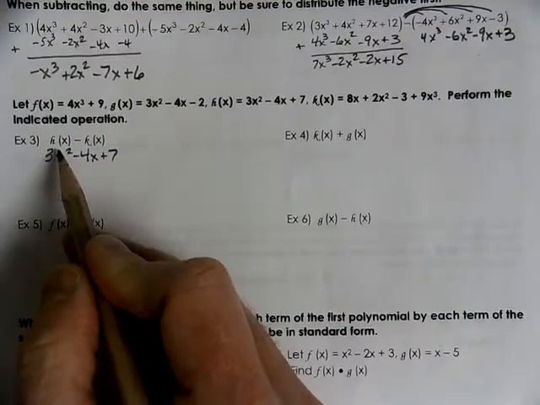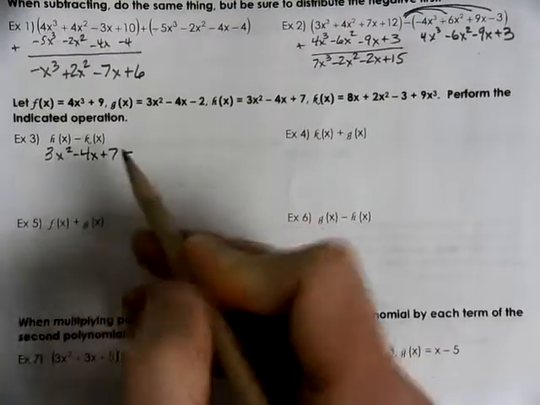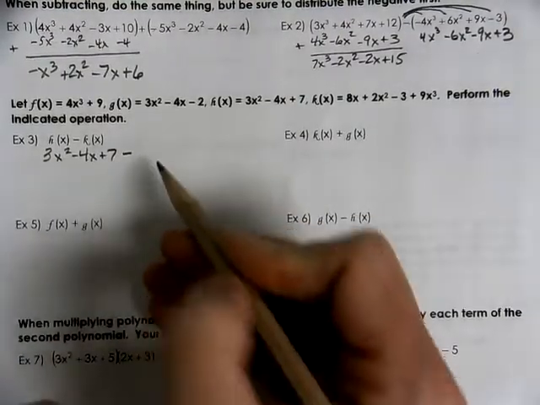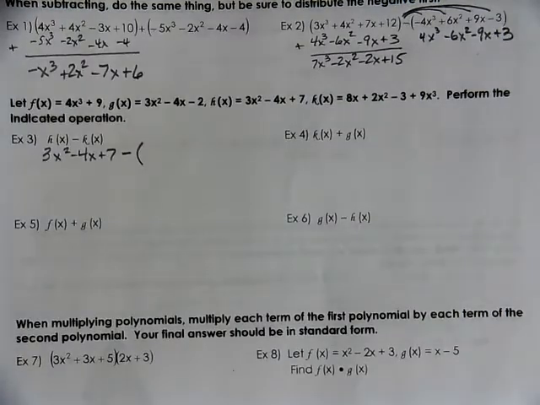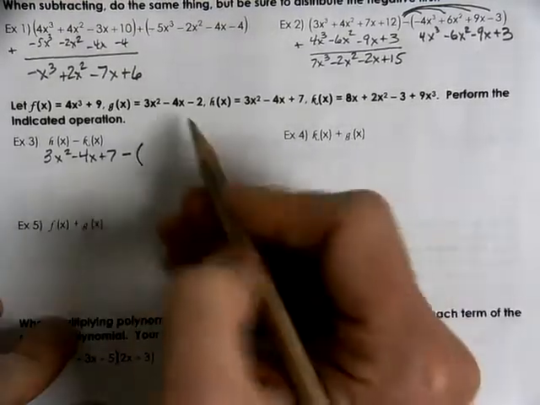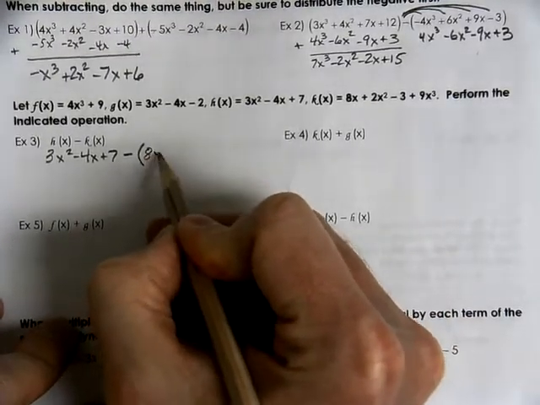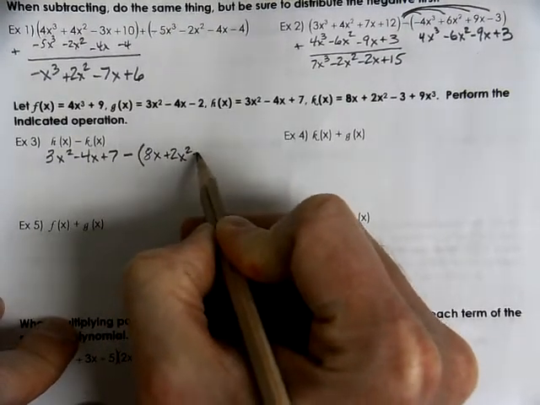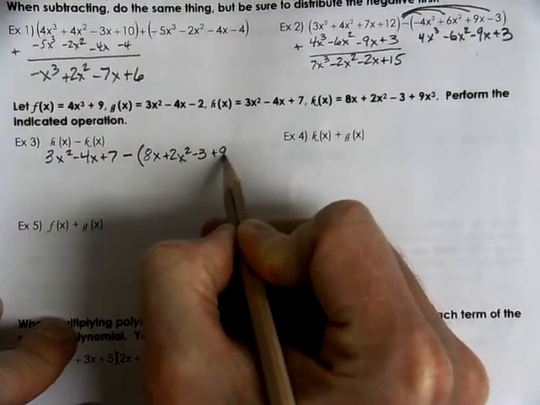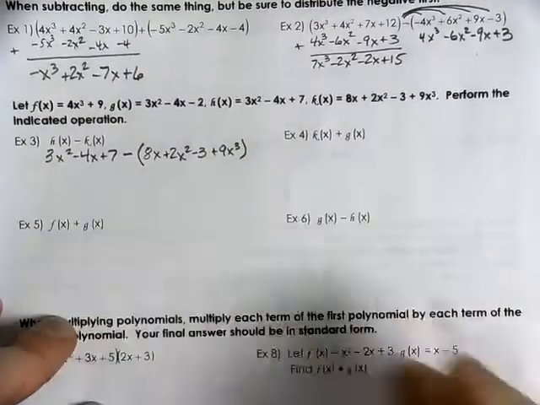That is your h function, minus the k function. You need to be sure that you're going to minus the entire function. So this is where you must use parentheses. We're minusing k, so that is an 8x plus 2x squared minus 3 plus 9x cubed.